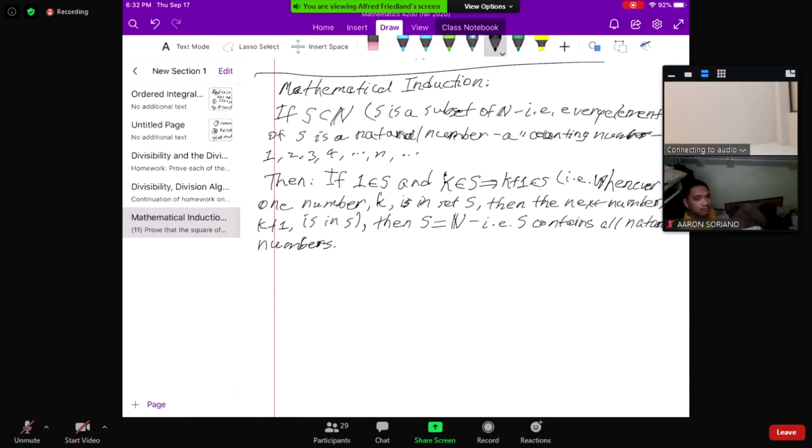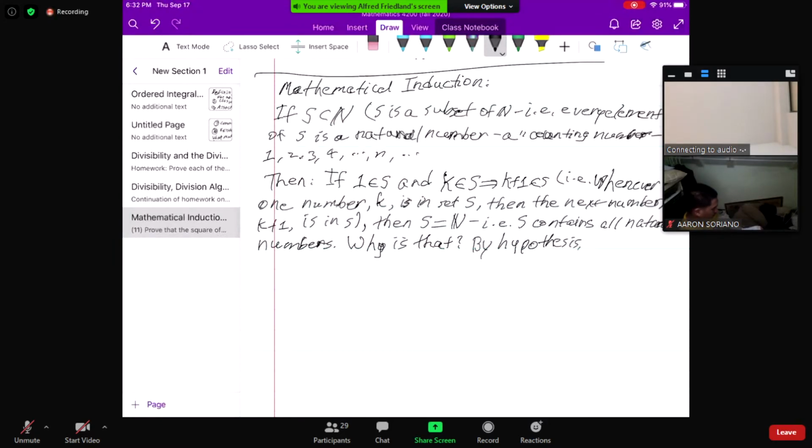I said a moment ago that this is really a counting process. So why? Well, by hypothesis, that's what you're starting with.